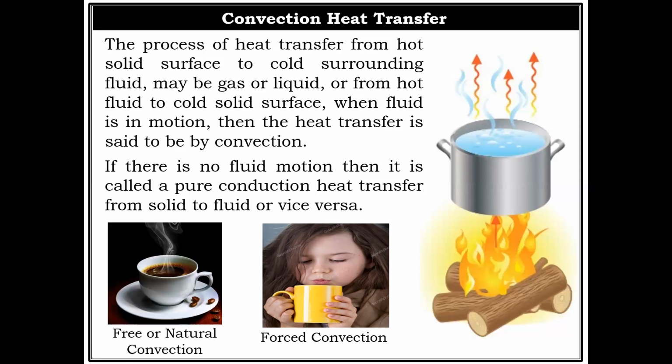Such convection heat transfer is considered forced convection. So if convection heat transfer is due to the natural phenomenon of density difference, then it is free or natural convection. If fluid motion is created due to external means, then it is called forced convection.